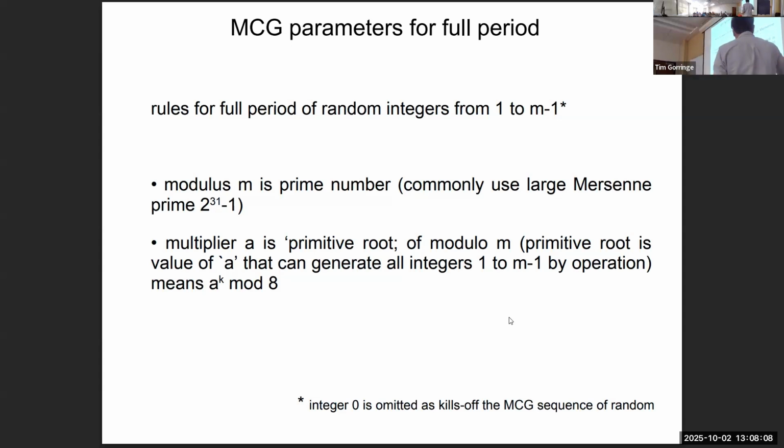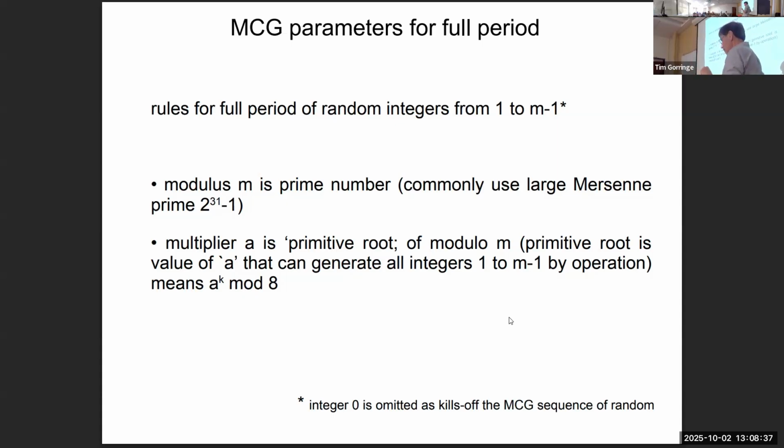The first two points are made here. To do that, typically m is picked as a prime number. A famous example that was used for many years in computer programs was this particular prime here. And A has to be what's called a primitive root of that prime number.